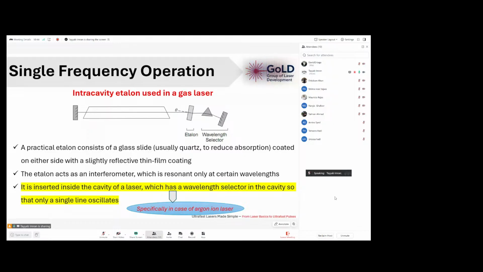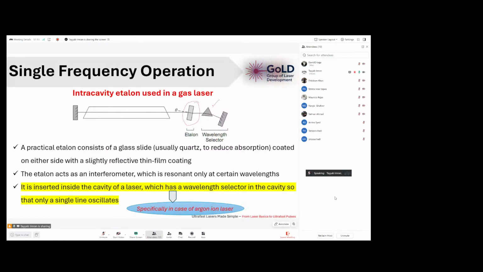The spectrum has to be very narrow, like a single wavelength. It is assumed to be a single wavelength. So what we study here, the single frequency operation or single mode operation, we use this kind of thing, which is called a Fabry-Perot etalon or simply an etalon. Okay, and it has to be inside the cavity.